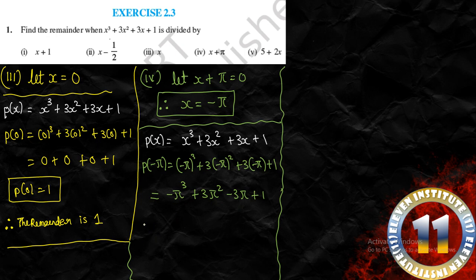So we can write therefore the remainder is minus pi cube plus 3 pi square minus 3 pi plus 1. This is our remainder. Clear?